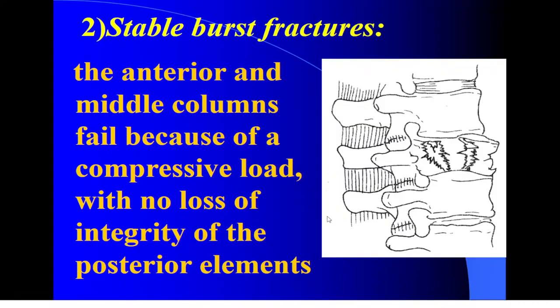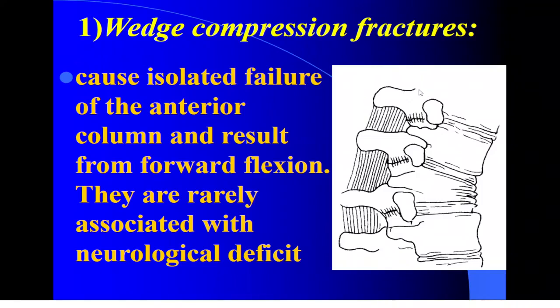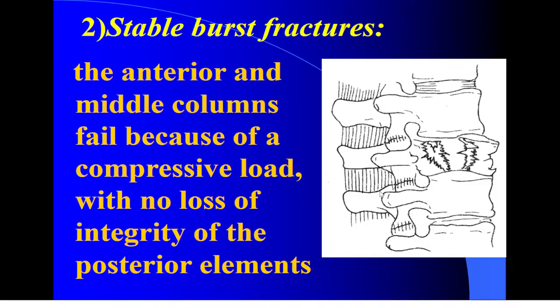The mechanism is absolutely the same. It is axial compression or hyperflexion, but the force which is applied is much more severe compared to the first injury. And as a result of that overloading, we have a splitting of the vertebral body into a few fragments. Why are both fractures stable? Because in both cases the posterior supporting column is still stable.